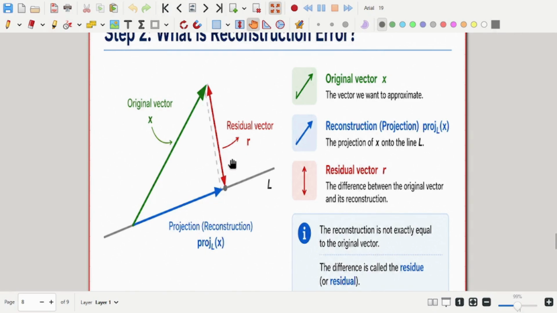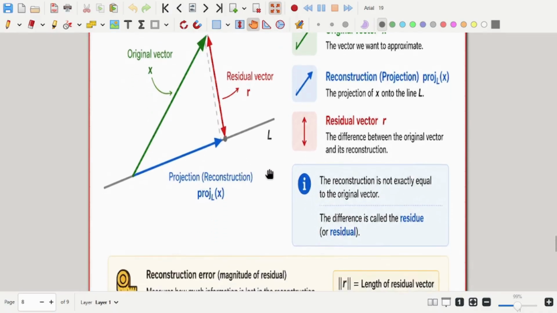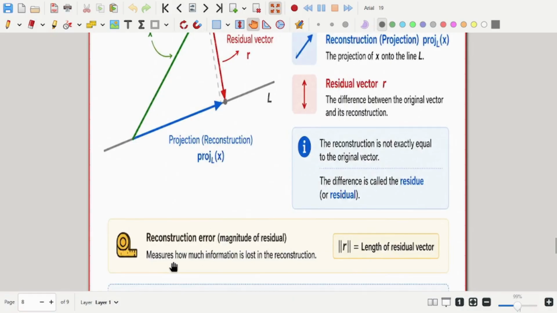So this residue means the difference between the original vector and the reconstruction vector. The reconstruction error measures how much information is lost in the reconstruction. The norm of R means residue. Norm of R is the length of the residual vector.